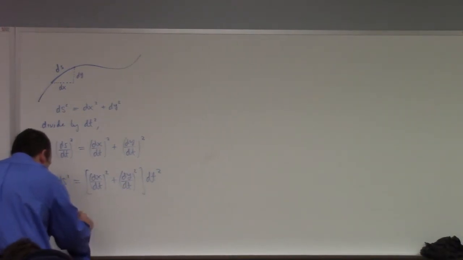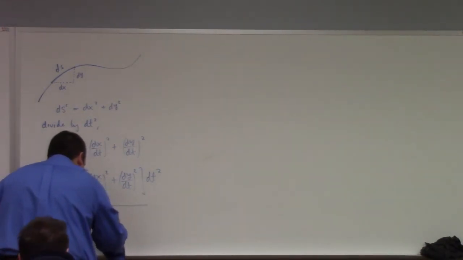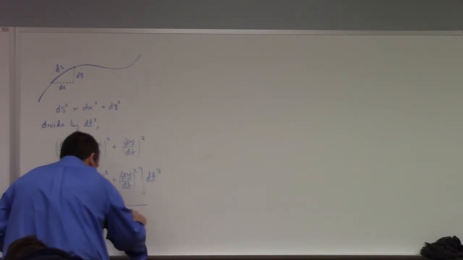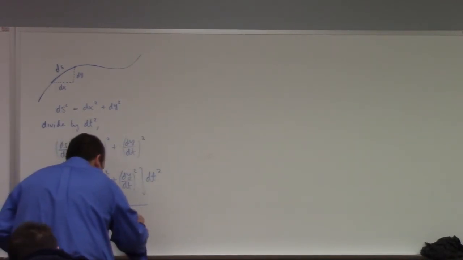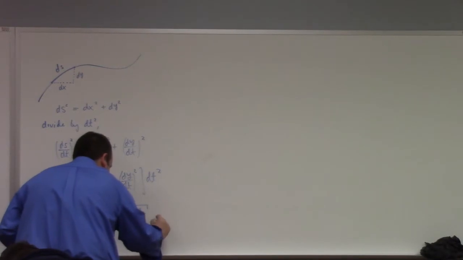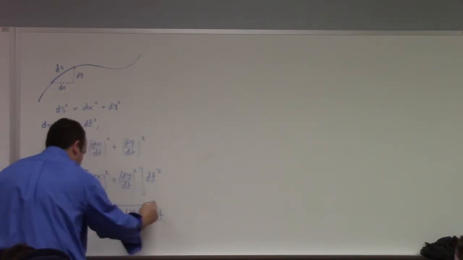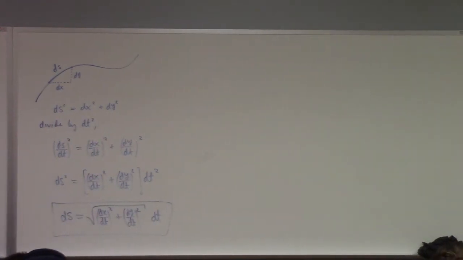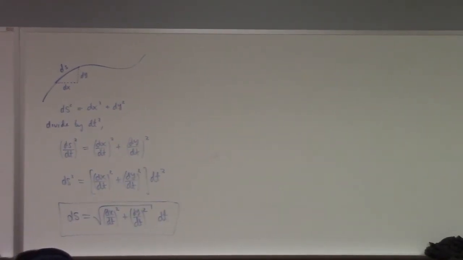So we can think of ds as being the square root of (dx/dt) squared plus (dy/dt) squared, times dt. Now what I'm doing right now is in some sense formal nonsense. I actually have a way of deriving this in a more careful sense, but this is a very good mnemonic to think about arc length as it relates to the parameterized curve. This is the formula for the infinitesimal arc length.